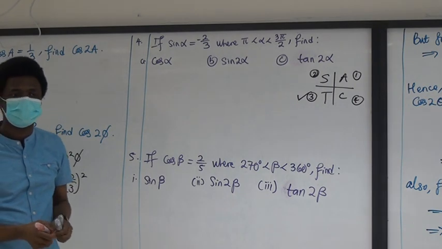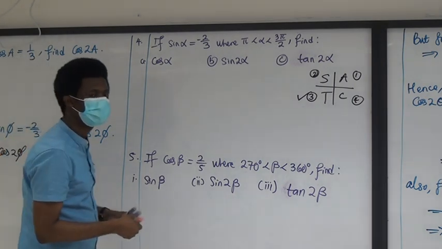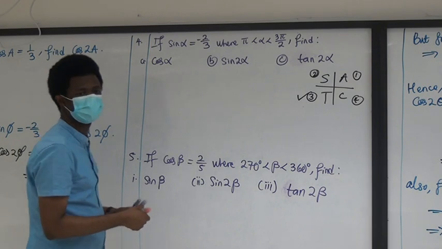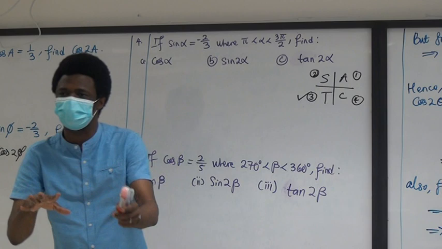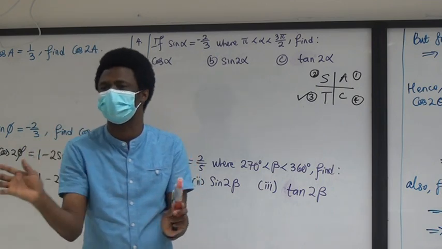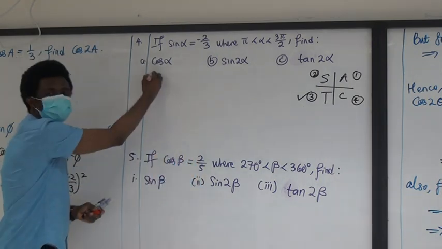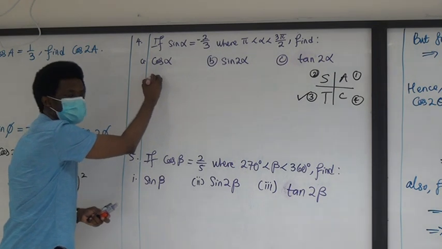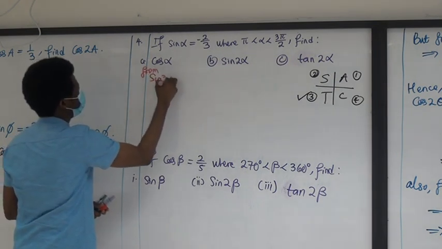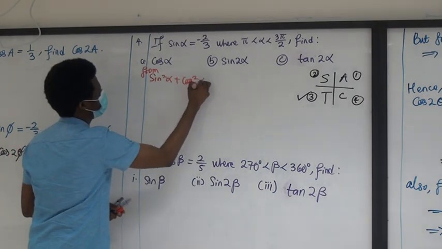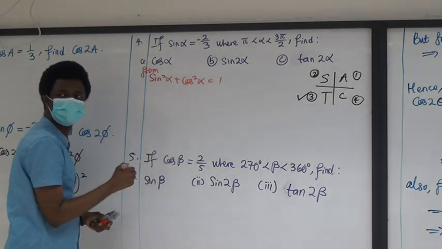Alpha first, arc sine? No. Here, you are not supposed to go the calculator way, find arc sine in your calculator, no. Just remember your Pythagorean identity. So it's going to be from sine square alpha plus cos square alpha is equal to 1.